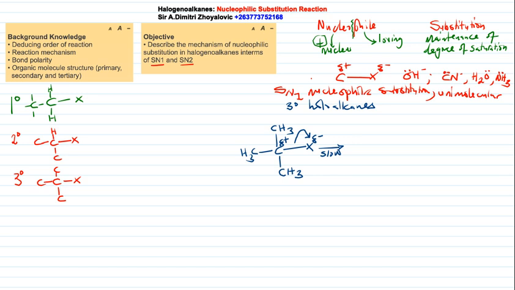We get a tertiary carbocation. The carbocation intermediate is trigonal planar because this carbon becomes sp2 hybridized.